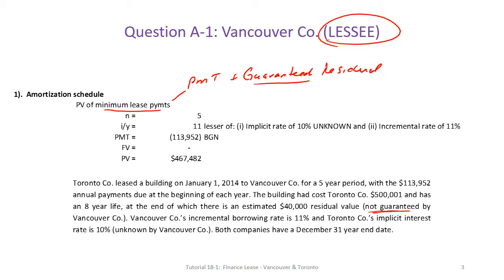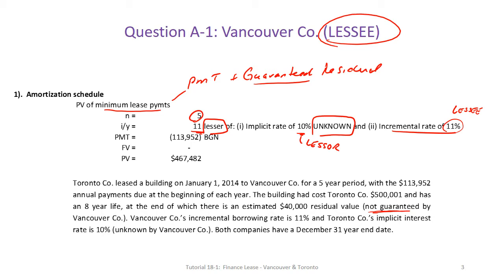So in your calculator, you would put 5 N for the number of periods in the lease term. We're going to use 11 I/Y because we have to use the lower of two rates: one, the implicit rate of the lessor, and two, the incremental borrowing rate of the lessee, which is Vancouver in this case. But we don't know the implicit rate that Toronto has put into the lease.